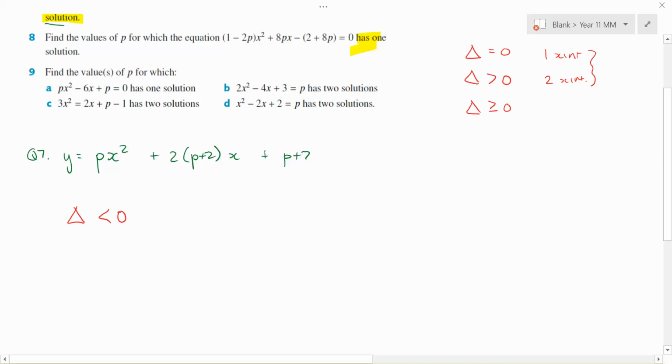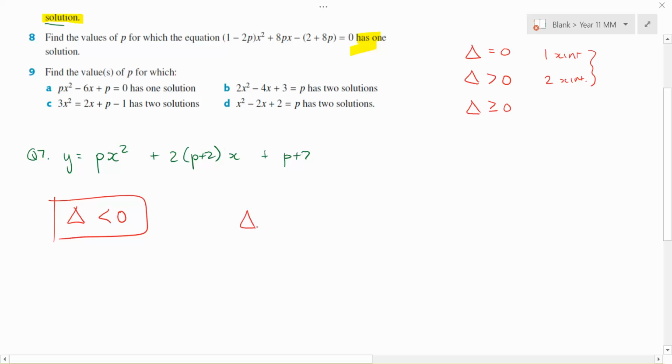Because if the discriminant is negative, you can't find the x-intercepts. Remember, the x-intercept formula is negative b plus minus square root of b squared minus 4ac, which is your discriminant. True? If this is a negative number, that's a problem because you can't square root a negative number, so you end up not having any x-intercepts at all. Okay, so that's the goal. This is what we want.